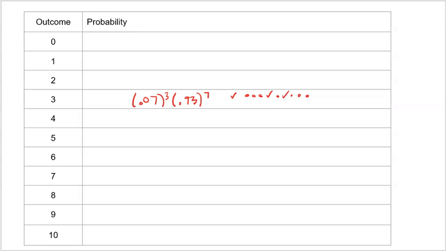And again, of those 10 people, 3 have the blood, those are my check marks, 7 do not, those are my dots. But again, that's only one possibility. Now, granted, that possibility has 3 0.07s, so 0.07 to the third, and 7 0.93s, so 0.93 to the 7th, 3 successes, 7 failures.